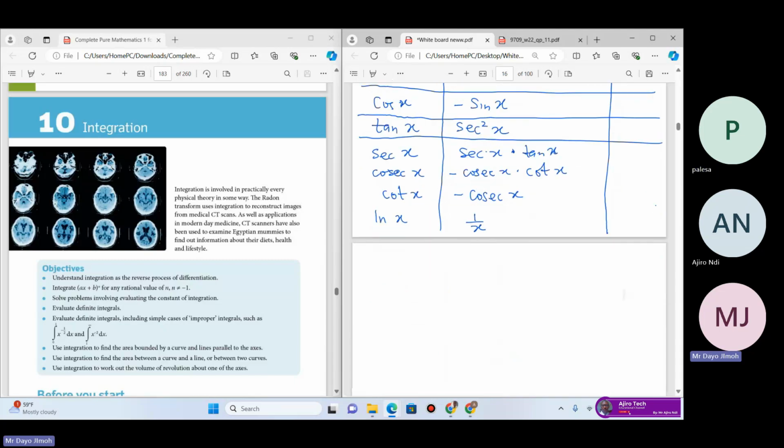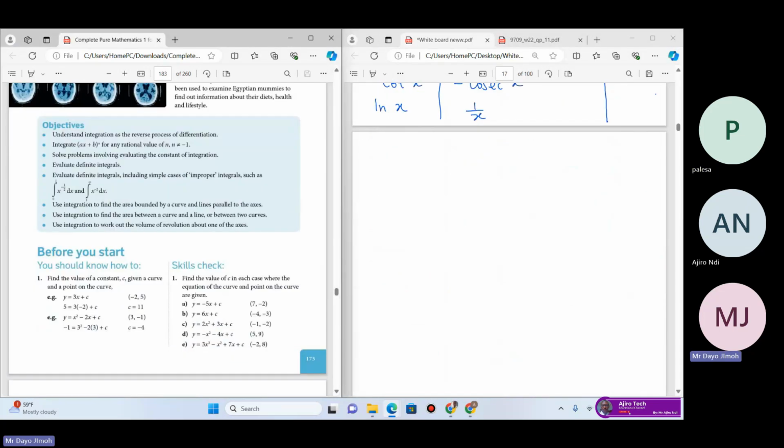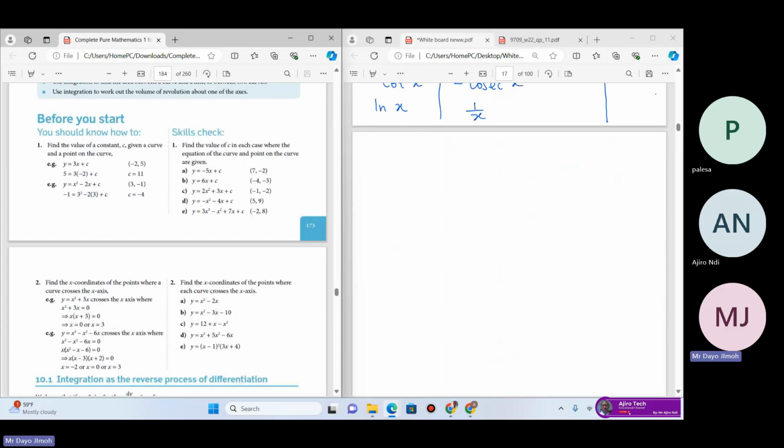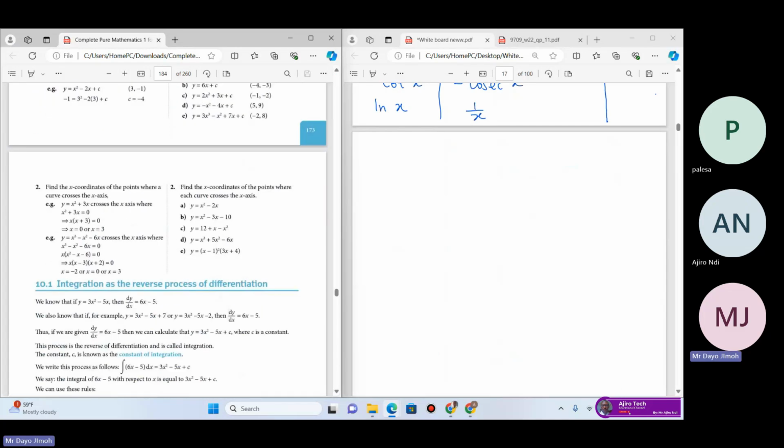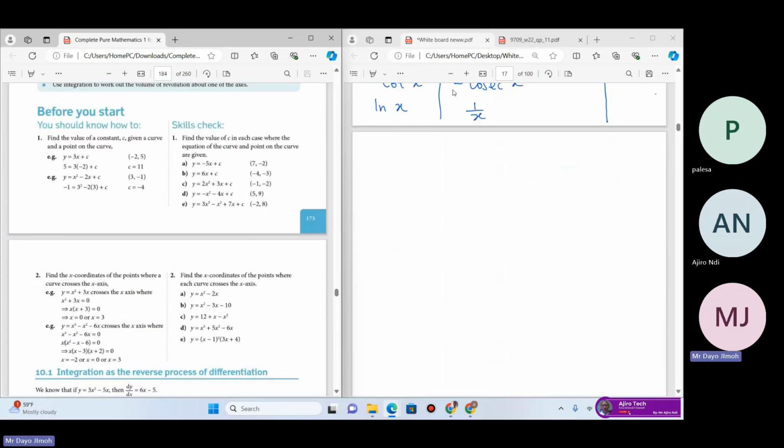So now let us look at integration. And don't forget that, let's say you have y equal to 3x squared plus 5x plus 4.